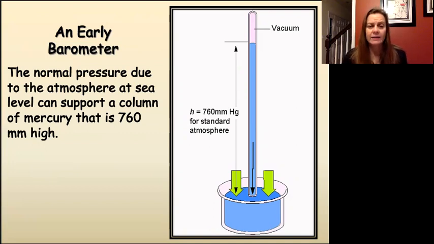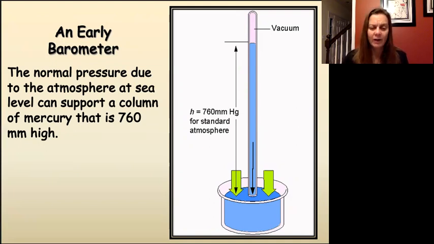At sea level, which is where we are, the atmosphere can support a column of mercury that's 760 millimeters high. So if atmospheric pressure is higher, there are more molecules pressing down on that surface, and so the column is going to be pushed higher.